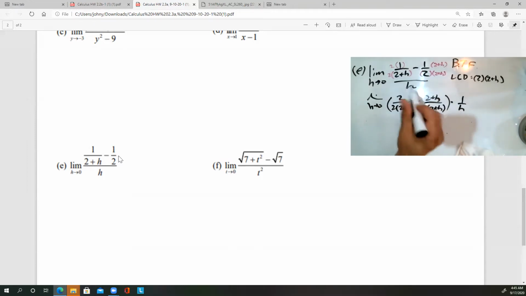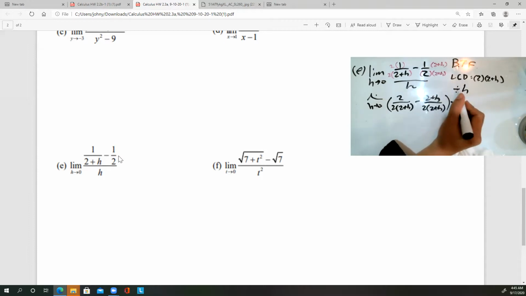Because remember, if it's in the denominator, it's the same thing as multiplying by the reciprocal. Or you could say it's divided by h, and the division changes into a multiplication and you reciprocate that.